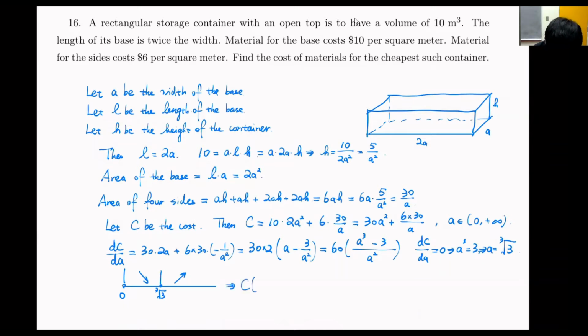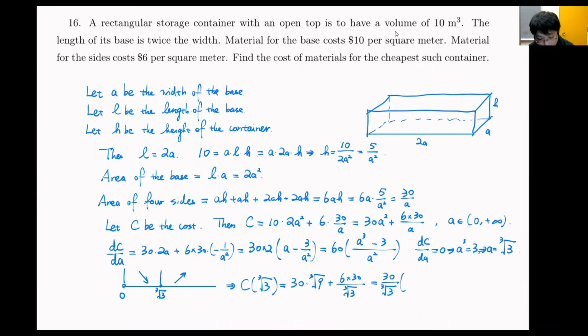C of the cube root of 3, and I think we need to compute it a little bit. So this is going to be 30 times the cube root of 3 squared, so that will be the cube root of 9, and then plus 6 times 30 divided by the cube root of 3. Okay, so this is an ugly number, but we can make it look nicer by factoring out the common factor, 30 divided by the cube root of 3.